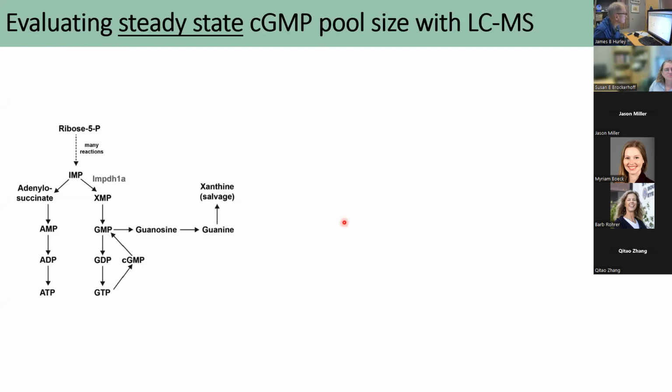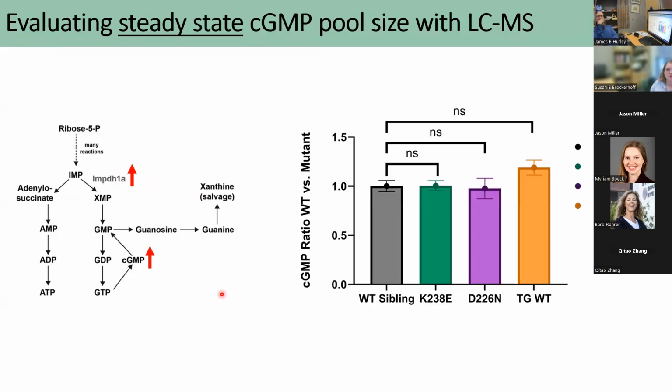Okay. So we know that in a filamentous form, the enzyme is more active. So we really are curious about what's going on metabolically. So we started with steady state metabolism to see if there are any perturbations in the pools. And so we hypothesized that if IMPDH is overactive, then we would see an increase in the cyclic GMP pool sizes.